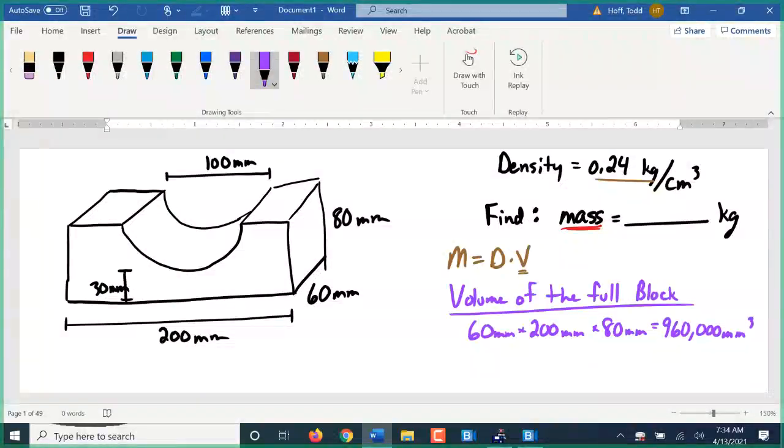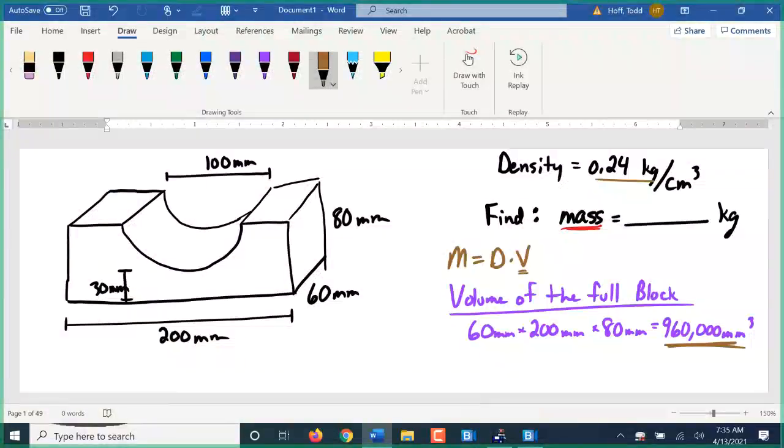But we know it's not a full block. We have this piece here that is a segment of a circle that has been machined out, that groove. So we need to figure out what the volume of that material removed was so that we can subtract it from this total volume of the block.